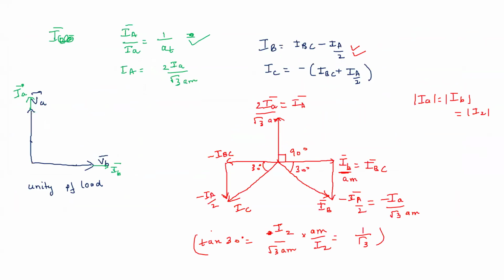So we have seen that the magnitudes of these currents, IA, IB, IC, all come out to be the same. Okay. So you will see that the magnitude of IB, IC, and IA comes out to be the same. Okay, you can apply this tan 30 and by this you will get the same magnitude.